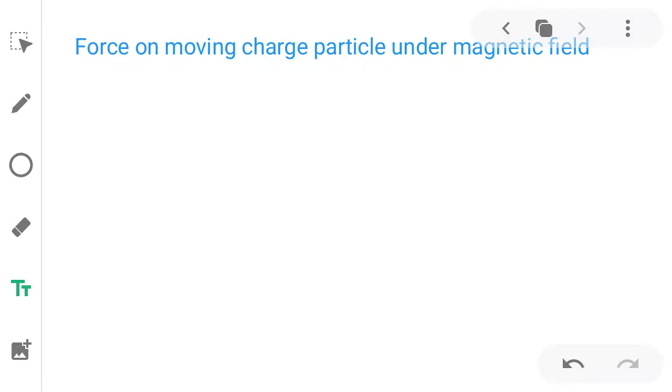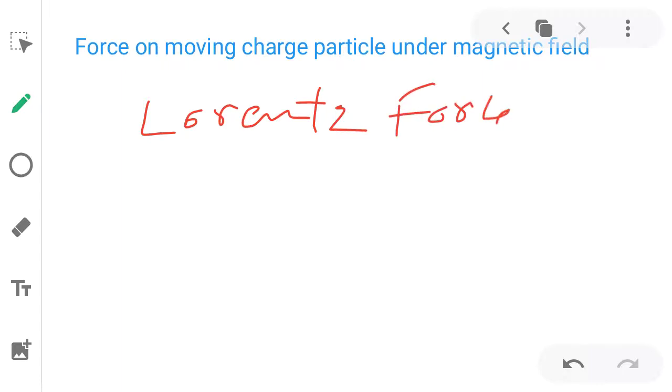Whenever a charged particle moves under a magnetic field, it experiences a force which is called the magnetic Lorentz force. It depends upon, first, the charge, the force is proportional to the charge.